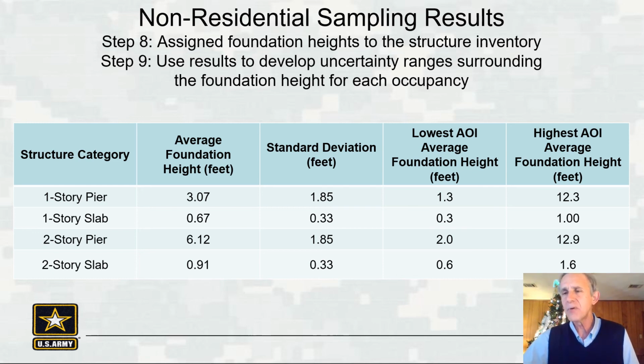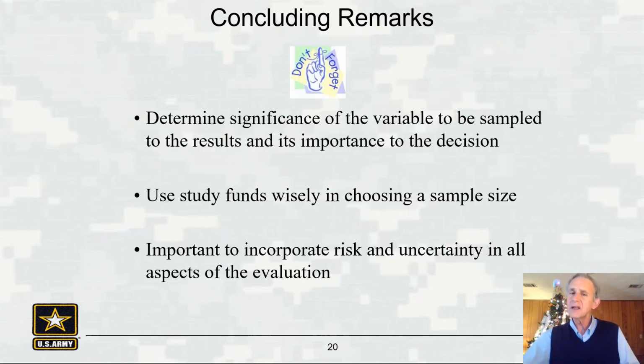So my concluding remarks are: determine the significance of the variable to be sampled to the results, and the importance to the decision. We felt that foundation height could affect our decision of whether something was feasible or not feasible. So we decided, yes, we need to put resources in, but that doesn't mean we came up with the greatest inventory for that area on every structure, but we couldn't have finished the rest of the analysis.